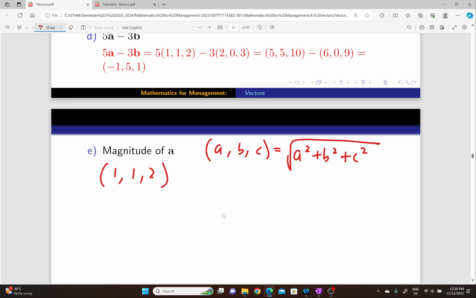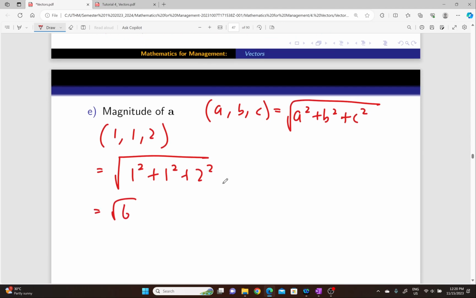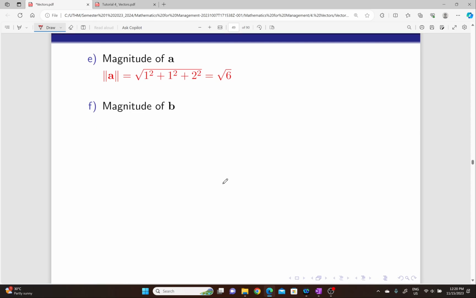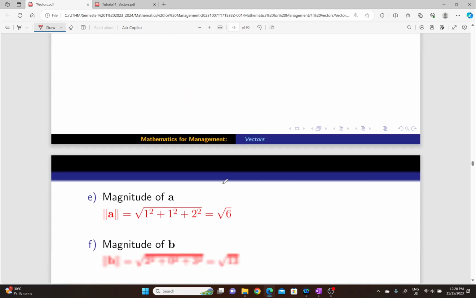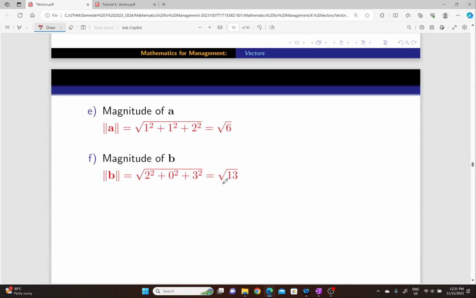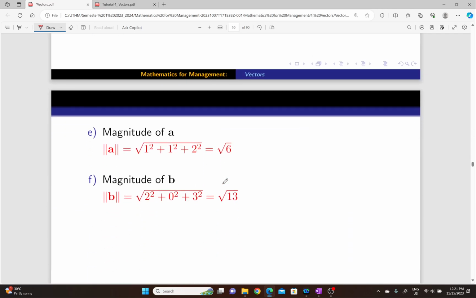It's almost like the Pythagoras theorem, or the length formula. So you will get root 6. You can leave the answer like this. The magnitude of B is the same thing, you can see here. Okay, you know these things. Now that is regarding the operations we have done.